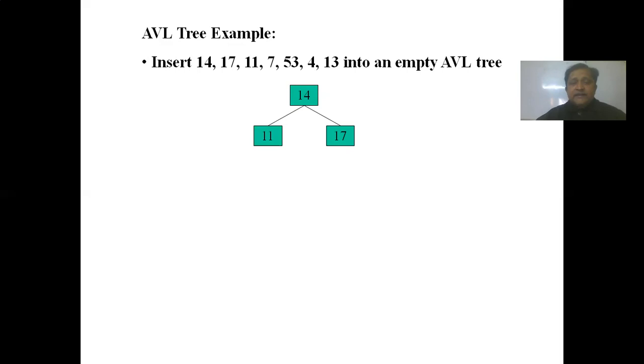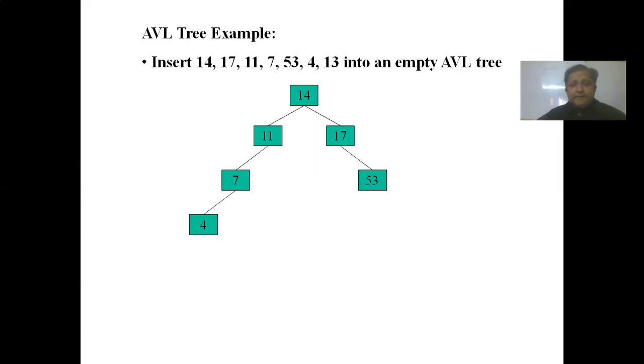Then 7 is less than 11, so it should be inserted as the left child of 11. 53 is the highest among all the nodes inserted so far, so it should be inserted as the right child of the highest node inserted so far, that is 17. 4 is the lowest element compared to all the nodes inserted so far, so it should be inserted as the left child of 7.